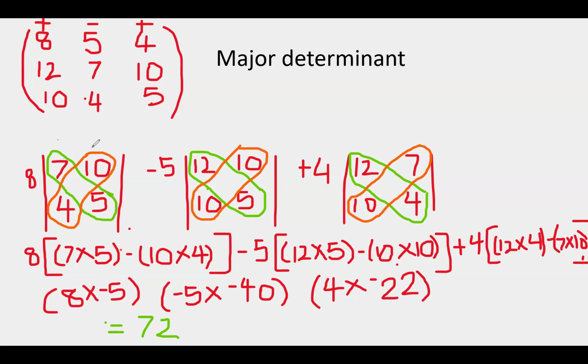So our first 2 by 2 matrix we have here has 7, 4, 10, 5. So our major diagonal, this one that I've used green to highlight, we have 7 and 5, which remember we're going to multiply. And then we have 10 and 4, which as well we're going to multiply.